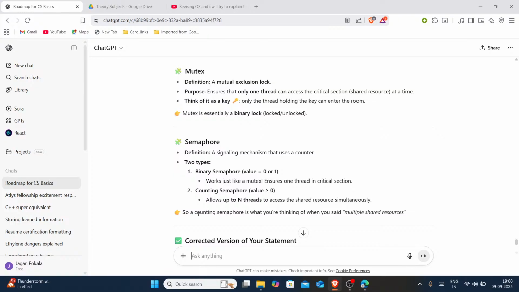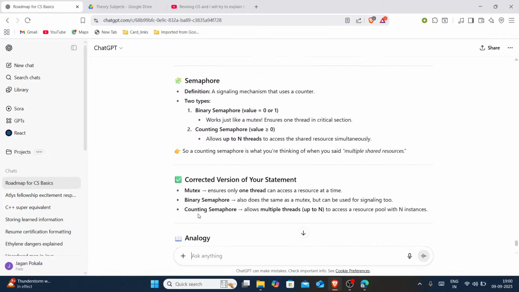So a counting semaphore is what you use for multiple shared resources. With a binary semaphore, only one thread can access a resource at a time.